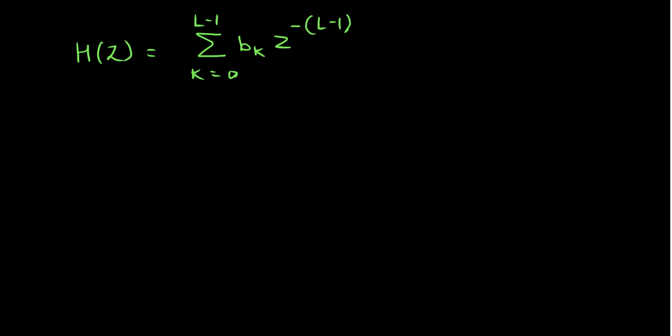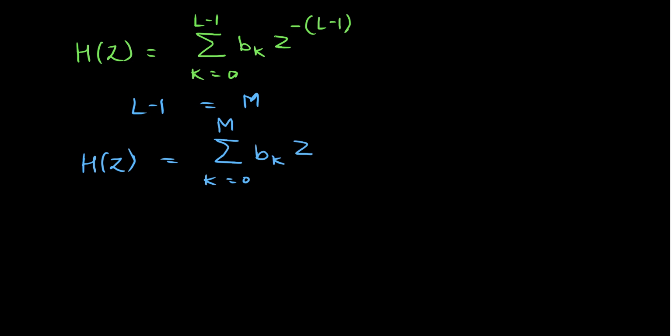Let us substitute this L minus 1 by m. So H of z is equal to the summation of k running from 0 to m of bk into z to the power minus k.